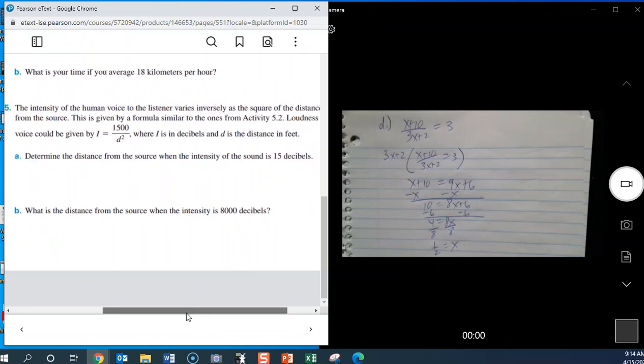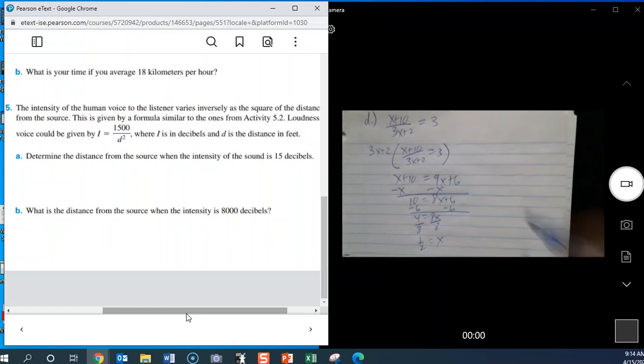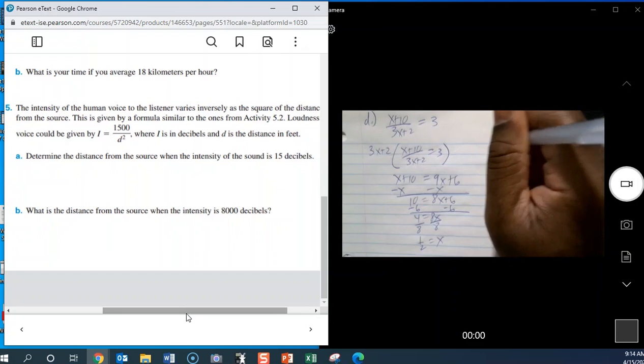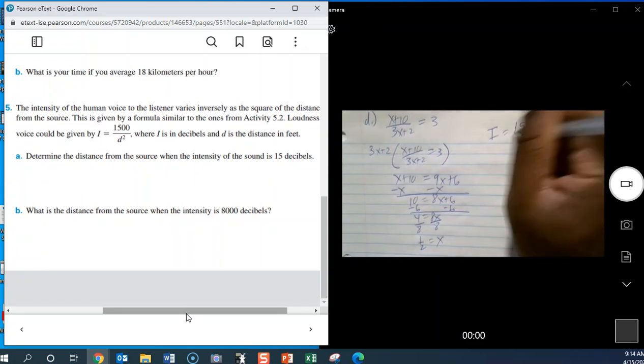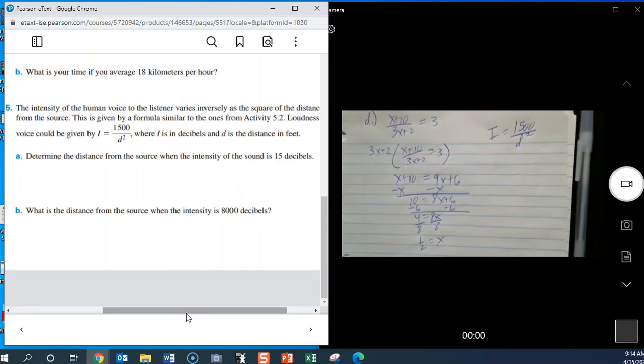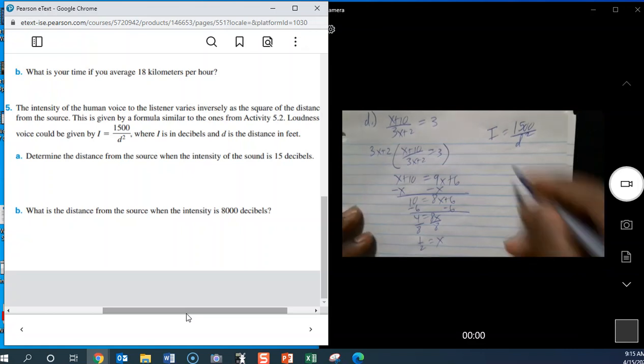Loudness of a voice could be given by I equals 1500 over D squared. So let me write down that formula. I is equal to 1500 all over D squared, where I is in decibels and D is the distance in feet. Determine the distance from the source when the intensity of the sound is 15 decibels.